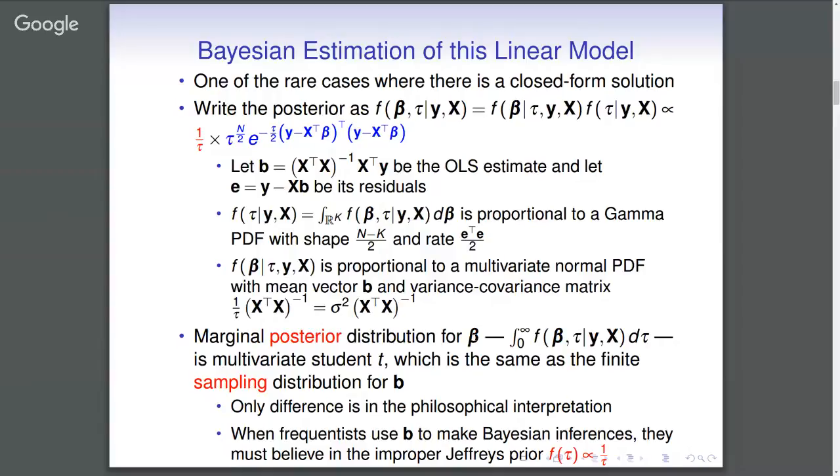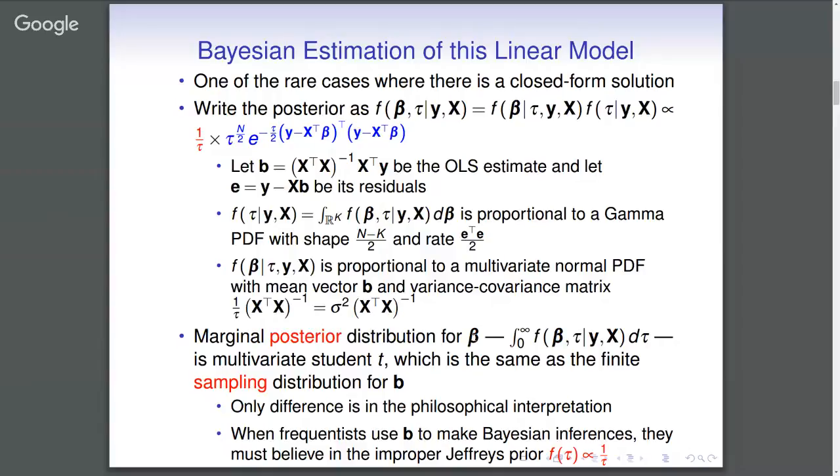However, if you're going to do that, which you should not, you're just going to do lm on your computer and get OLS regression coefficients and then interpret the confidence intervals and stuff like that as if they were Bayesian posterior intervals. In order to do that justifiably, you would have to believe these particular priors, because these particular priors are what cause the Bayesian posterior distribution and the frequentist sampling distribution to be the same multivariate t distribution.